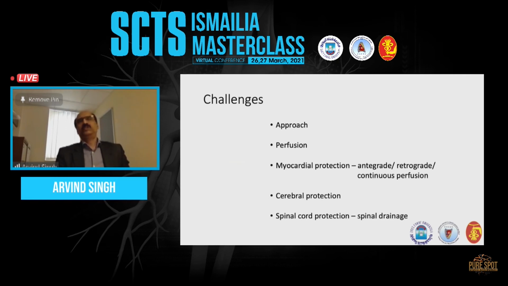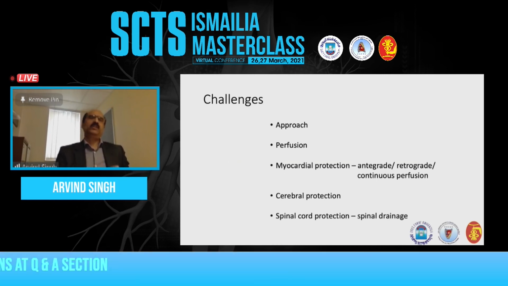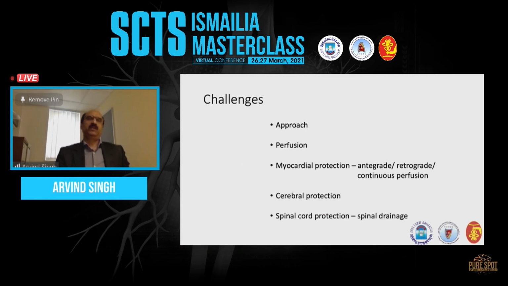Therefore, the approach requires excellent communication with the perfusion team as to what cannulation strategy you're going to use and how you're going to protect the myocardium. While you have finished everything in the aortic root and are going towards the aortic arch, the heart still needs to be protected.